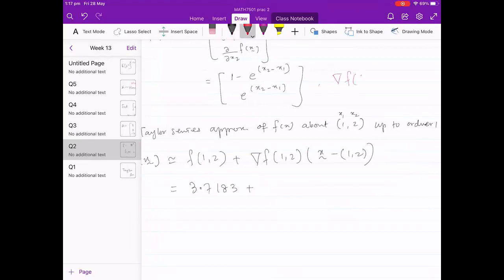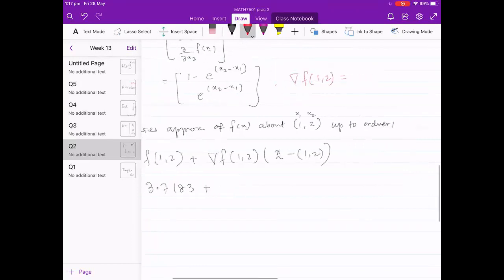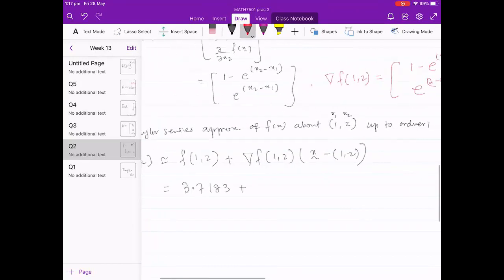gradient f 1, 2, which would be 2 minus 1. So numerically, when you evaluate, what that is is minus 1.7183, 2.7183.